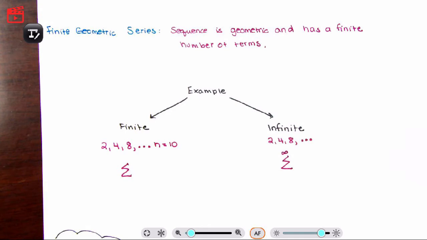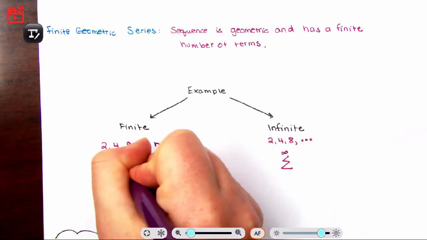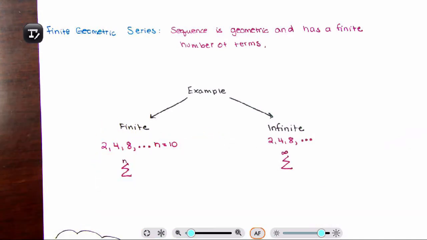Infinity is just a concept. And then for this one, you're going to have whatever number you have as your upper limit. I'm going to say n as your upper limit. So keep in mind that infinite and finite are two different things.